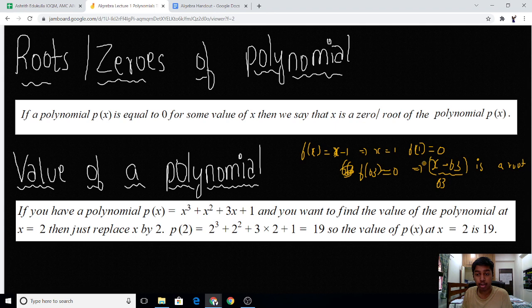So it can be q of x into (x minus 63). The q of x can be anything, because if one of the terms becomes 0, then everything becomes 0.